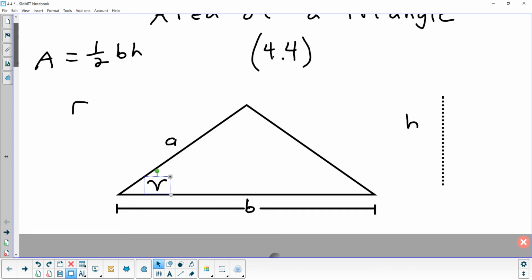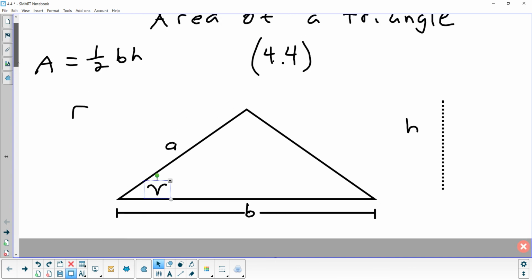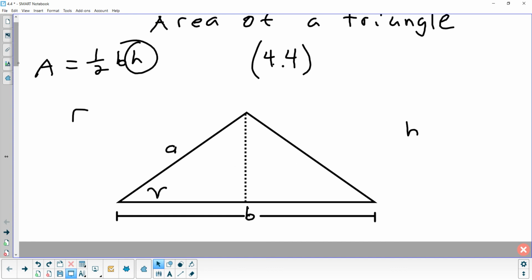Now, the formula that we're used to using to find the area of a triangle has height in it. Well, I don't know the height of that triangle. This is the height. It would be a line from the highest point straight down perpendicular to the base. I'll just label that H. And it's perpendicular, so we can put that little symbol in here.